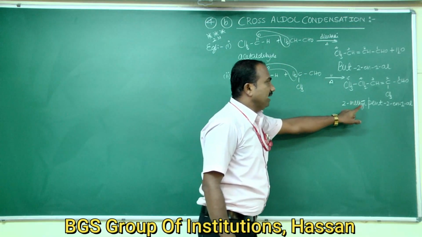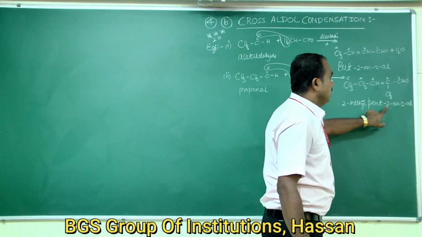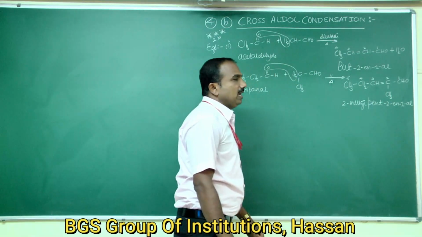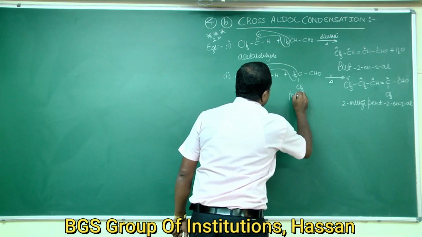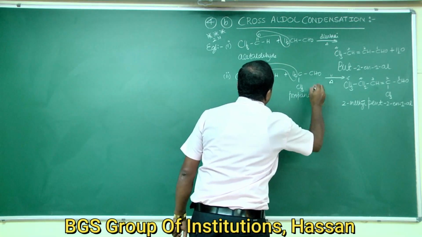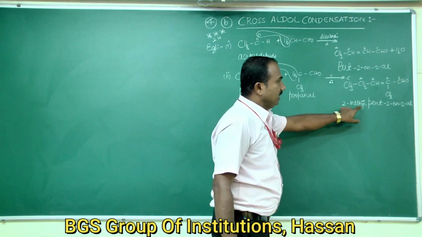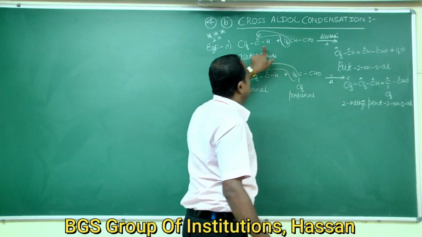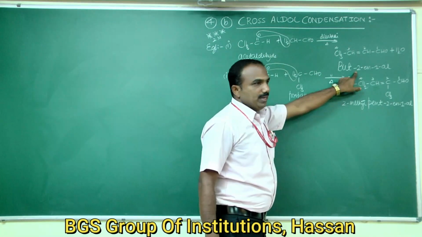So that is 2-methylpent-2-enal. So if you take two molecules of propanal, you get the cross aldol 2-methylpent-2-enal. If you take the same aldehyde, acetaldehyde, you get 2-butenal.